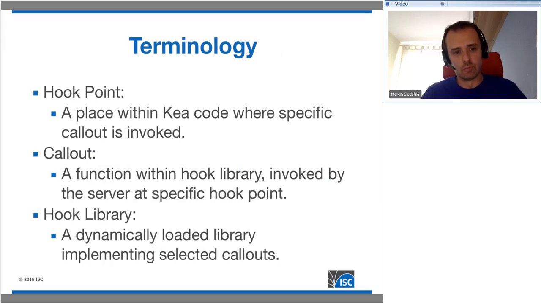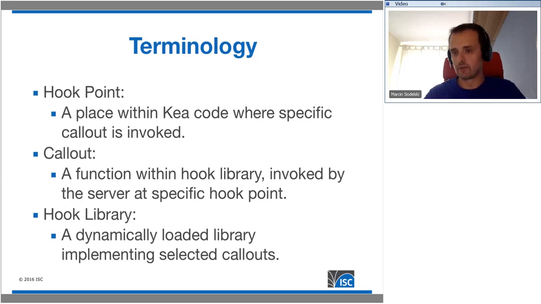The hook point is a place within the Kea code where a specific callout is invoked, whereas a callout is the function within the hook library invoked by the server at a specific hook point, right? So the hook point is the place on the server side, whereas the callout is on the hook library side.